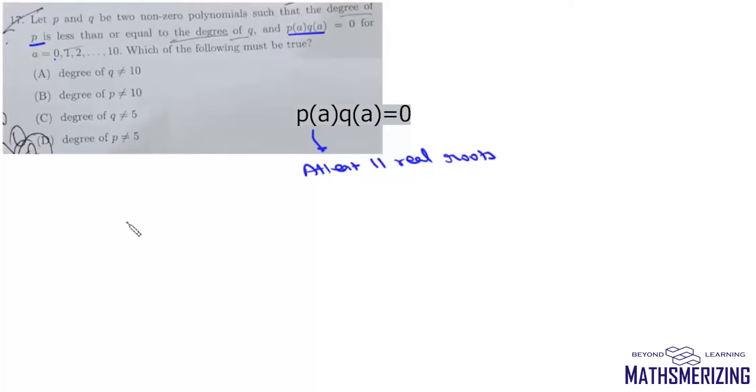If we take degree of Q as 5, then degree of P will also be less than or equal to 5. In that case, the maximum number of roots of this equation will be 10. But we are given that we have at least 11 real roots. That means the degree of Q can never be 5. So the answer to this question is option C.